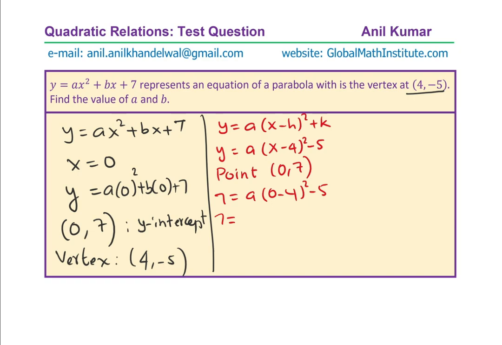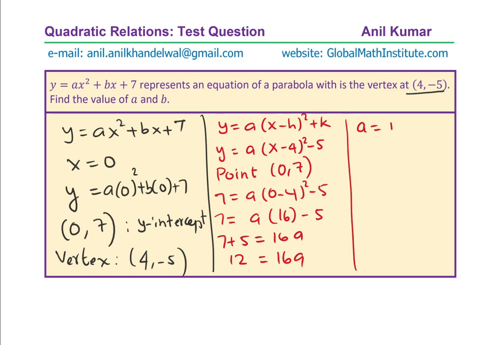So 7 equals a times 16 minus 5, bringing 5 this side. 7 plus 5 equals 16a. 12 equals 16a, right? We get the same result. You see that? So a is equal to 12 over 16, which is 3 over 4.